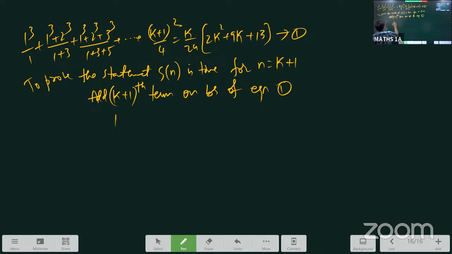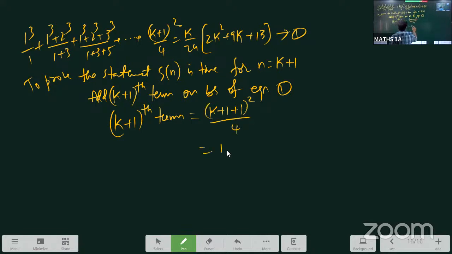For that, what should I find first? The k plus 1th term. What is the k plus 1th term in this case? Instead of n, you put k plus 1. So (k+1)² divided by 4 becomes (k+2)²/4. This we are going to add on both sides.